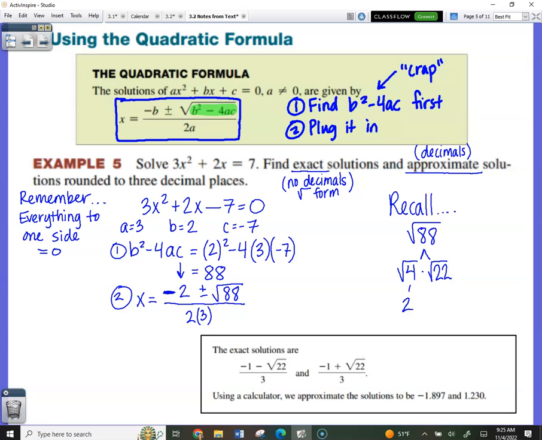So the square root of 88 is actually 2 root 22, right? So I'm going to rewrite that, but I'm going to put 2 root 22 instead. X equals negative b plus or minus 2 root 22 all over 6, correct?